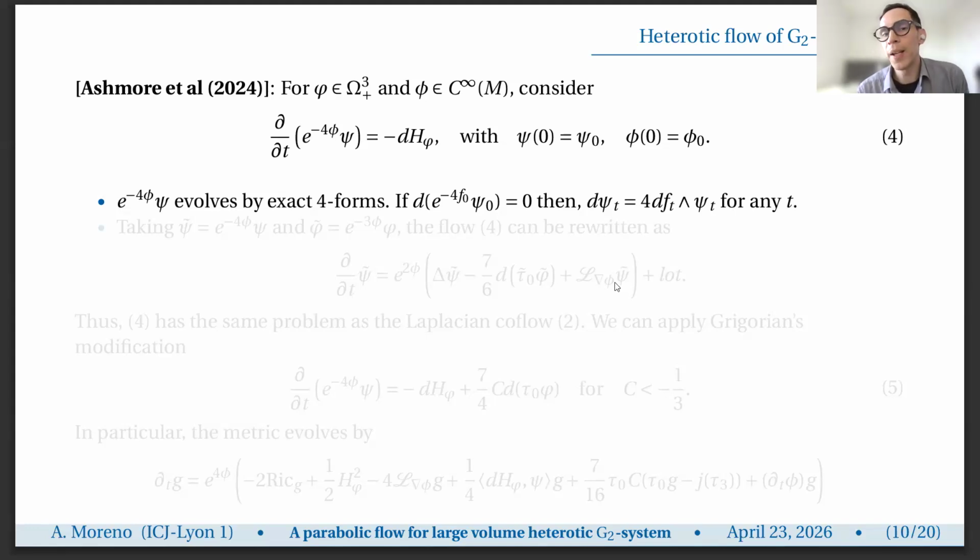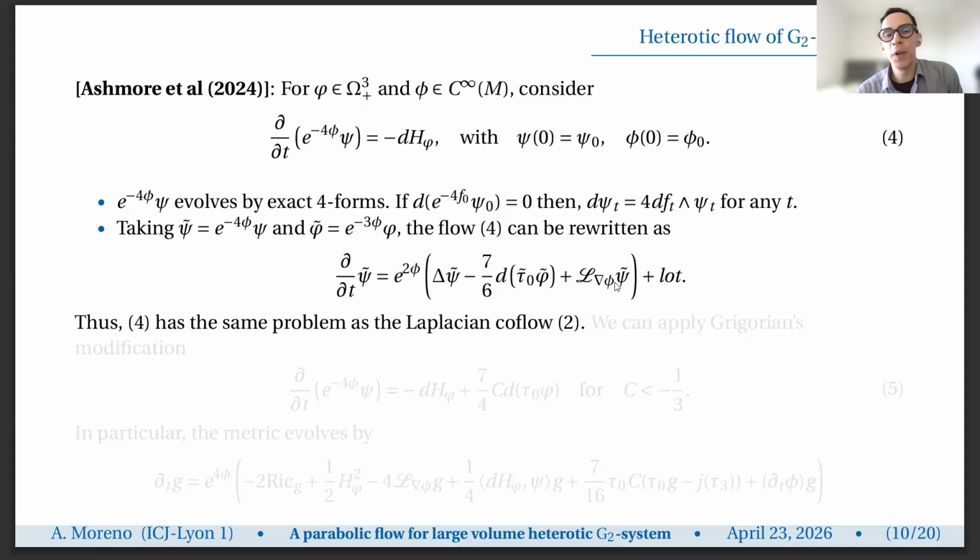If you try to apply this flow, what you find immediately is that this Ashmore flow is basically some kind of modified Laplacian coflow up to this gauge term given by the derivative of the gradient of phi, and this little phi I am going to call the dilaton.